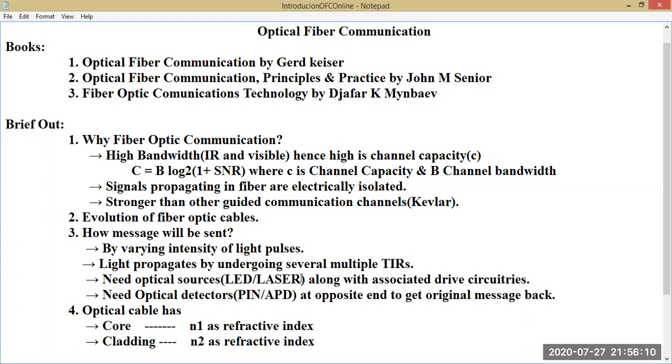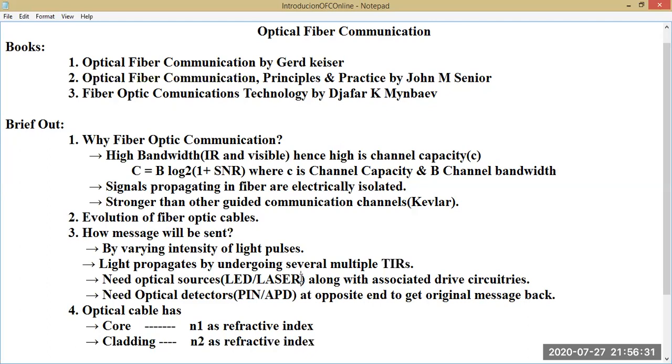So here we have launched this optical pulse into the optical fiber cable. Therefore, we need to get the same message back from this light pulse which has been launched into the optical fiber cable. To do that recovery, again we have to use either PIN or APD as the optical detector.